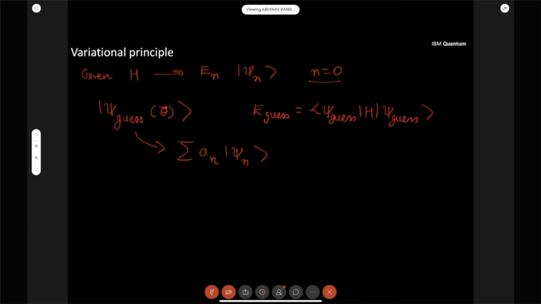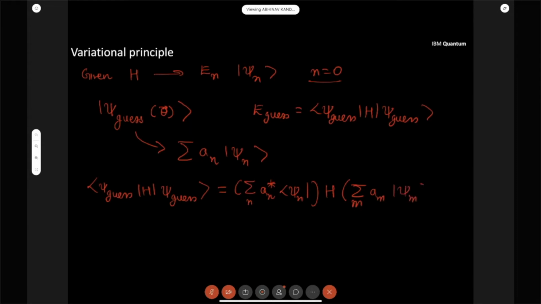Okay, so what does that mean then? This means that, right? Okay, and if this forms an orthonormal basis, you basically are going to end up with only non-zero terms when n is equal to m.